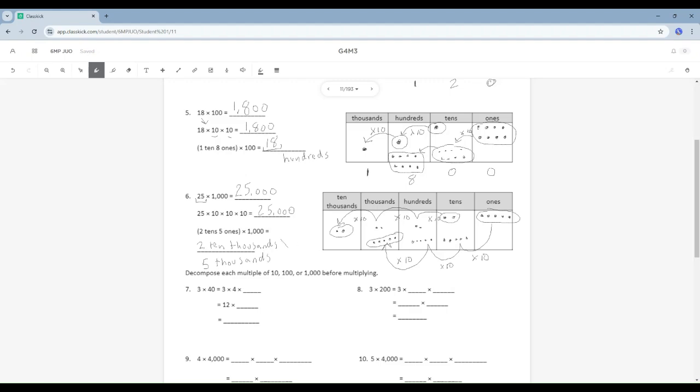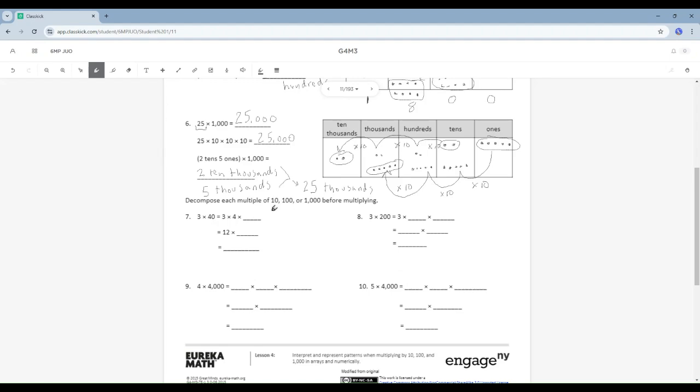Or another way to say this would be 25 thousands. Again, 2 10,000s would be the same as 20 thousands, because one of these is worth 10 of one smaller place value. So 2 10,000s would be equal to 20 thousands, and there's already 5 thousands, which makes 25,000.